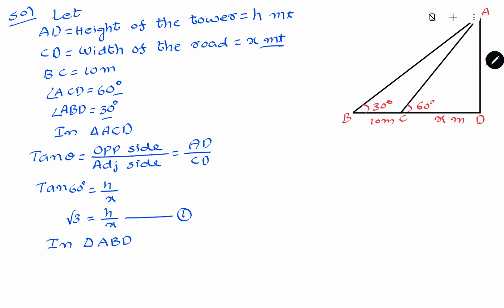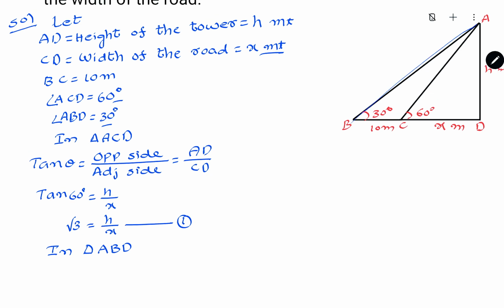In triangle ABD, here also we take tan ratio. Here angle ABD. Angle ABD how much? 30 degrees. Opposite side is h.